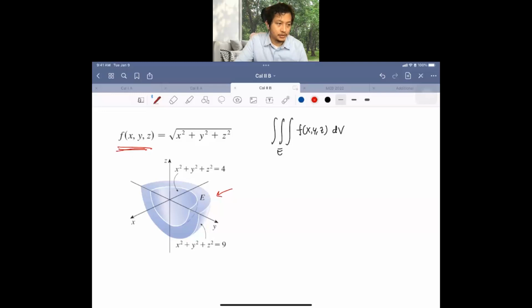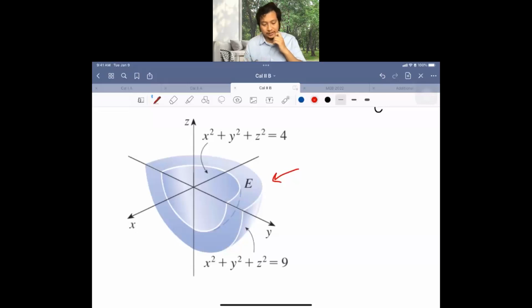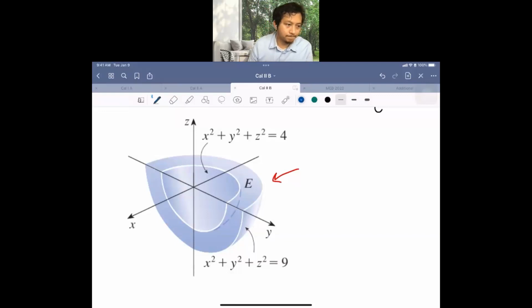First, we observe the region E. Let's say you have a ball. You cut this ball in half, and then you cut another half, and this becomes your E. That's how we get the shape, by cutting.